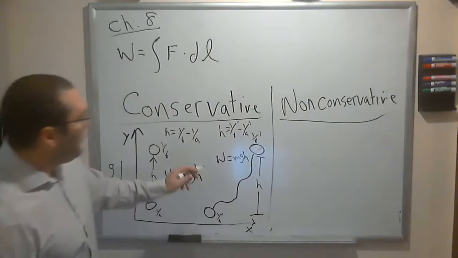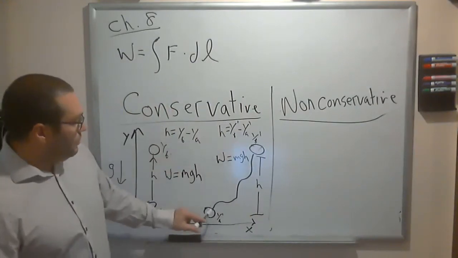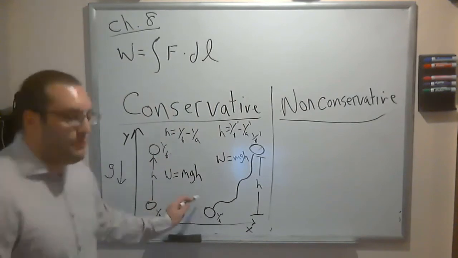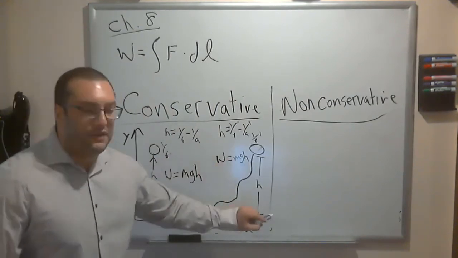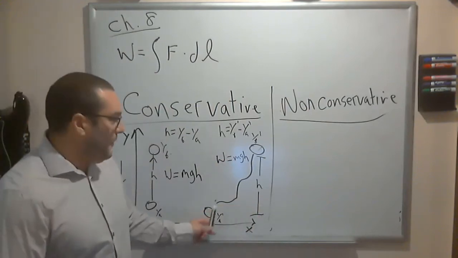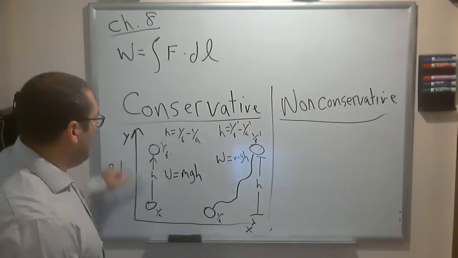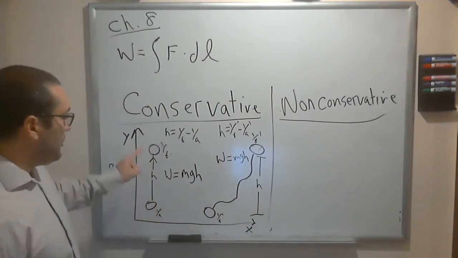Okay, so all that matters is the endpoints, the height that we begin at and the height that we end at. Even the x endpoints don't matter. All we care about is how far we move vertically.